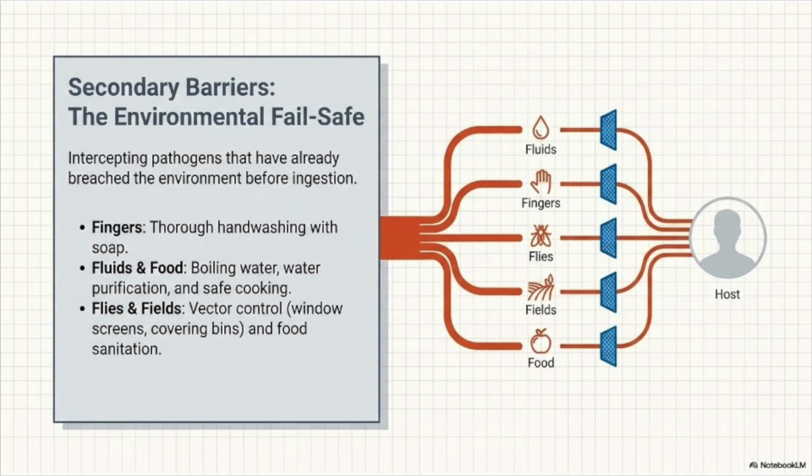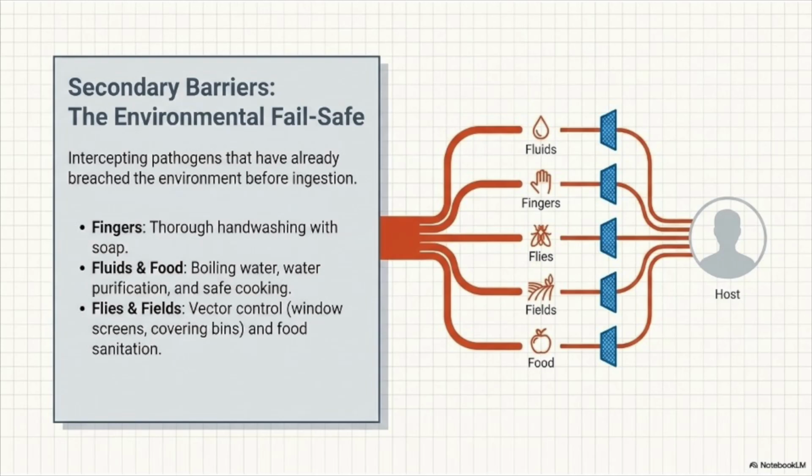Its purpose is intercepting pathogens that have already breached the environment before they are ingested by a host. For fingers, the defense is thorough hand washing with soap. For fluids and food, the defense is boiling water, water purification, and safe cooking practices.